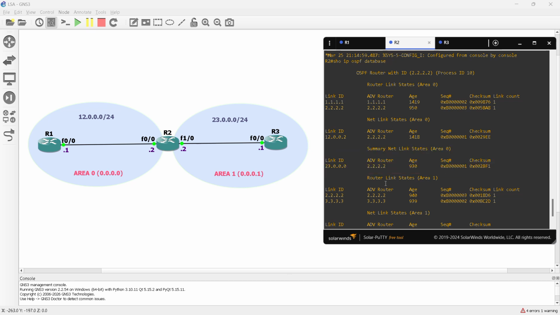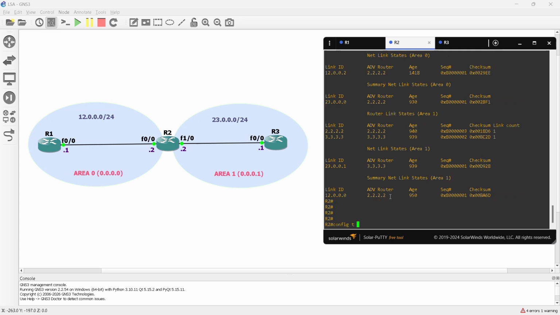Similarly, after that, it has the information for our area 1 on FastEthernet 1/0, where it has the router LSAs of R2 and R3.